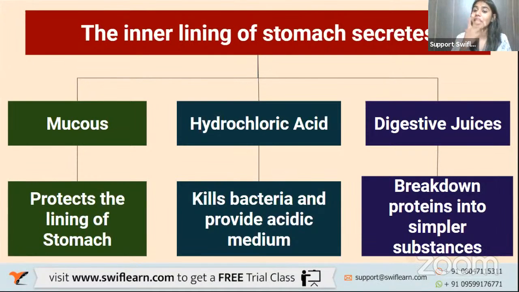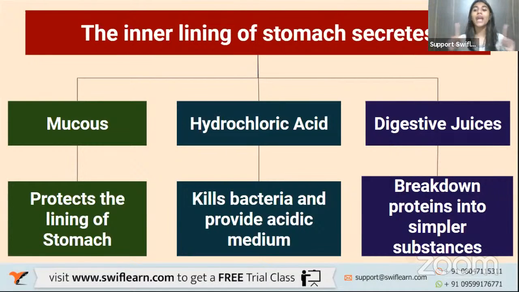We discussed carbohydrate breaking down. Carbohydrate is broken down in your mouth by an enzyme called salivary amylase, which is present in saliva. Who produces saliva? It is your salivary glands that produce saliva. So carbohydrate digestion is done. Then next comes your stomach. In your esophagus, there is no digestion.